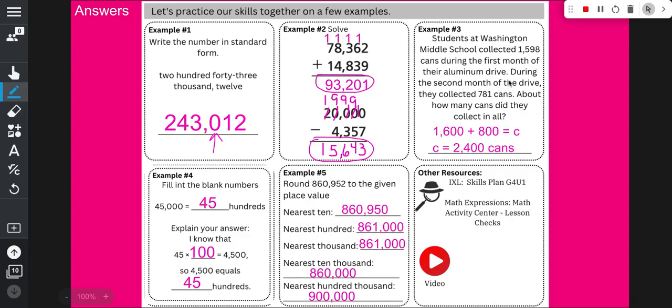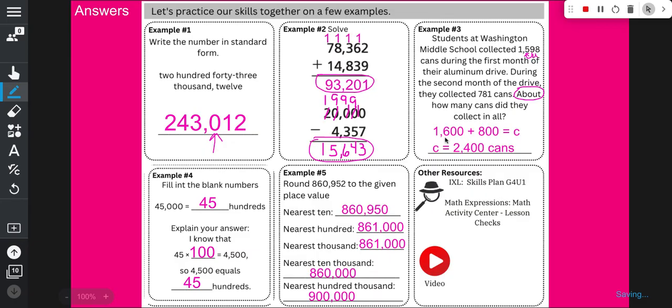In this next question, I see the word "about." How many cans did they collect in all? So I'm going to round my numbers. This one has thousands. This number here has hundreds. So the highest place they both share is hundreds. So I'm going to round to the nearest hundred. The 9 tells the 5 to go up.